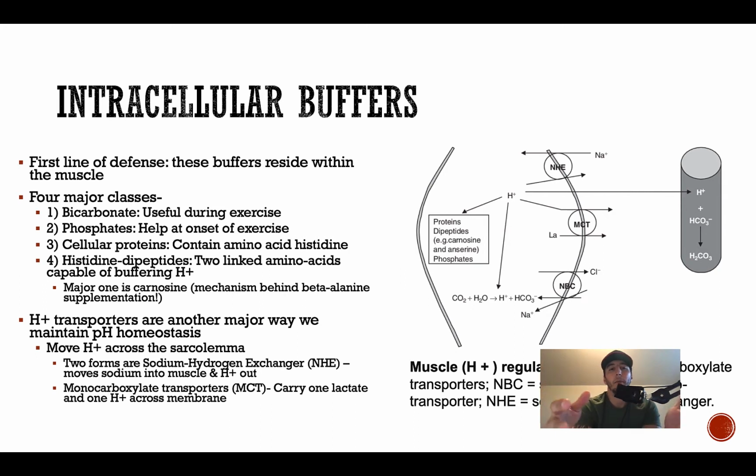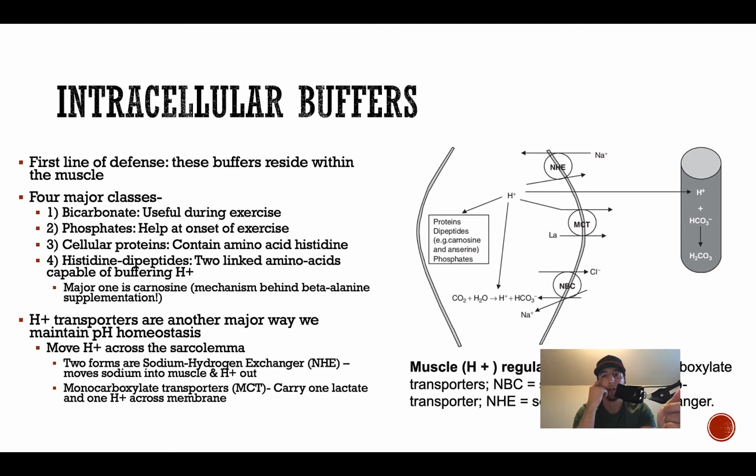There are also going to be hydrogen ion transporters. These hydrogen ion transporters are a way that we're able to maintain the hydrogen ion balance by moving them out of the muscle tissue and into the blood. There's going to be a sodium hydrogen exchanger, or an antiporter.